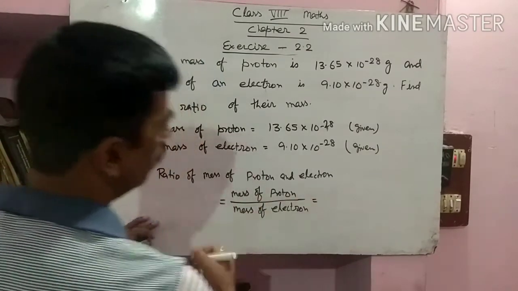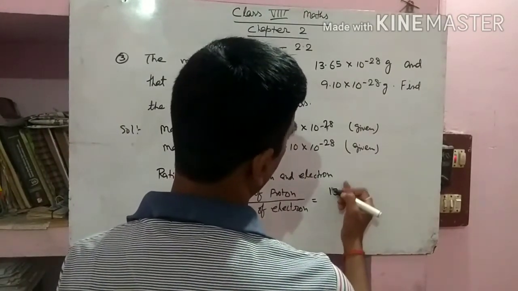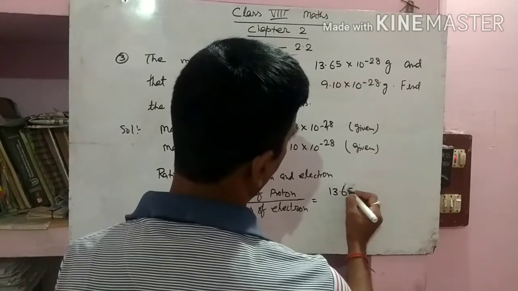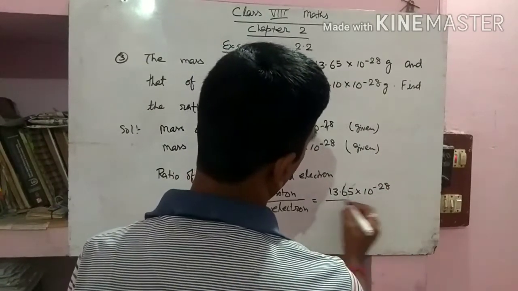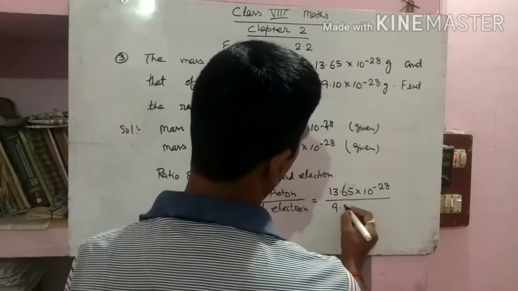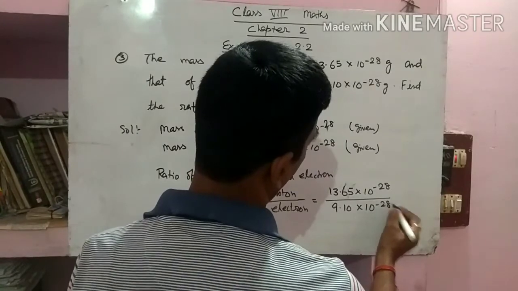As the mass of proton is given, 13.65 into 10 to the power minus 28 by 9.10 into 10 to the power minus 28.